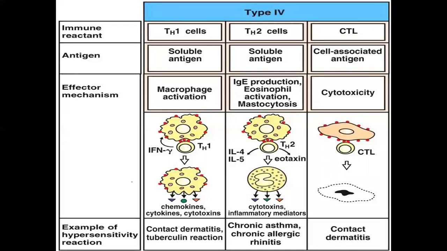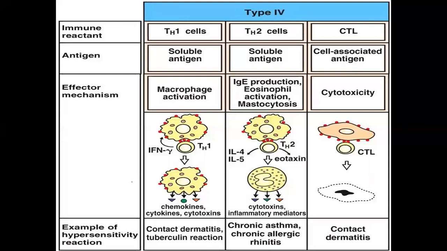In case of T helper cell type 2, IgE may be produced, and eosinophils are part of the inflammation. And this type of delayed type of hypersensitivity reaction is going to occur mostly in cases of parasitic infection. So eotaxin is produced, which is one of the mediators which is going to kill the parasites.